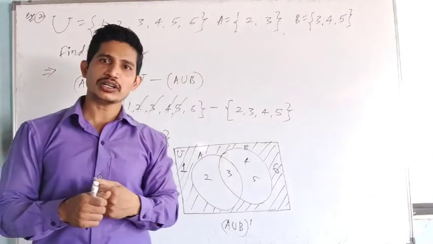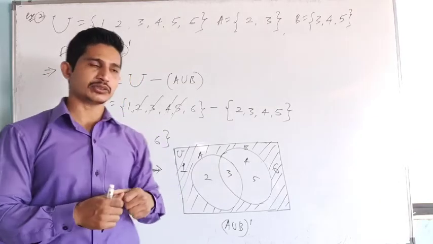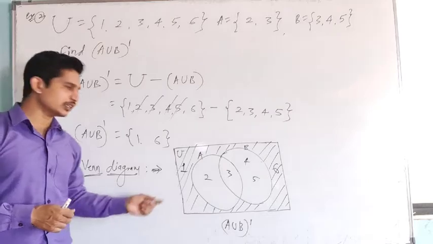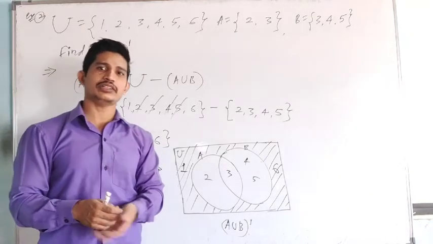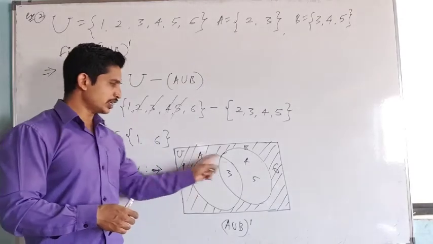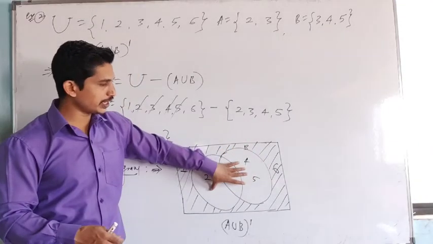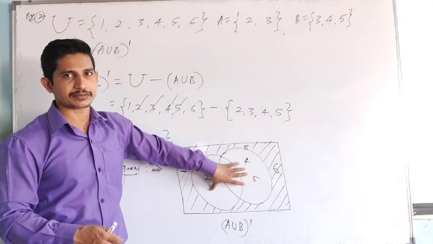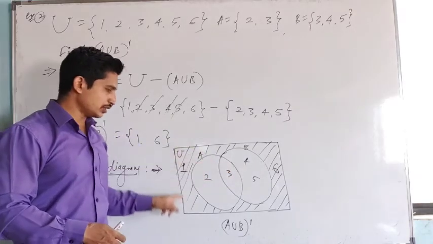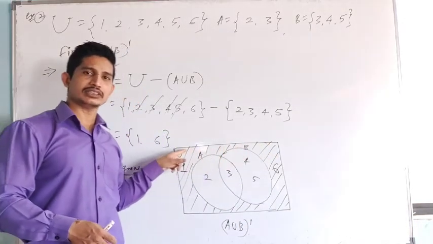Now let's draw the Venn diagram. You all know how to draw A and B: A is here and B is here. The combination of A and B is A union B. But the rectangle is the universal set.